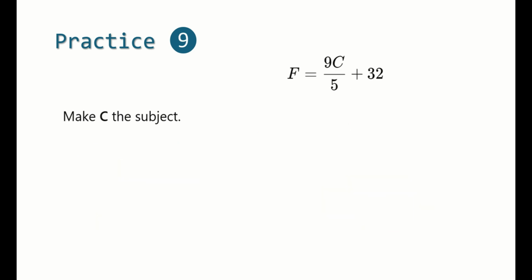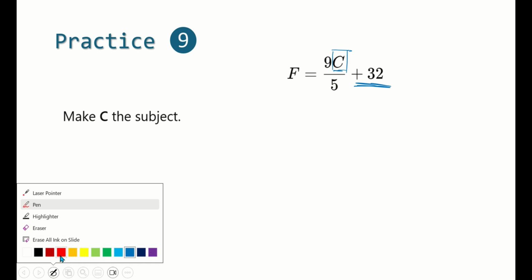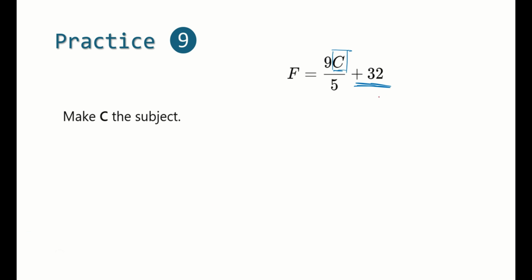Now, what about C as the subject from this equation? Let's see. So we have F equals to 9C over 5 plus 32. So this is the one that we need to let alone, C. The first operation is plus 32. So the easiest way to cancel this one is to minus 32 on both sides.